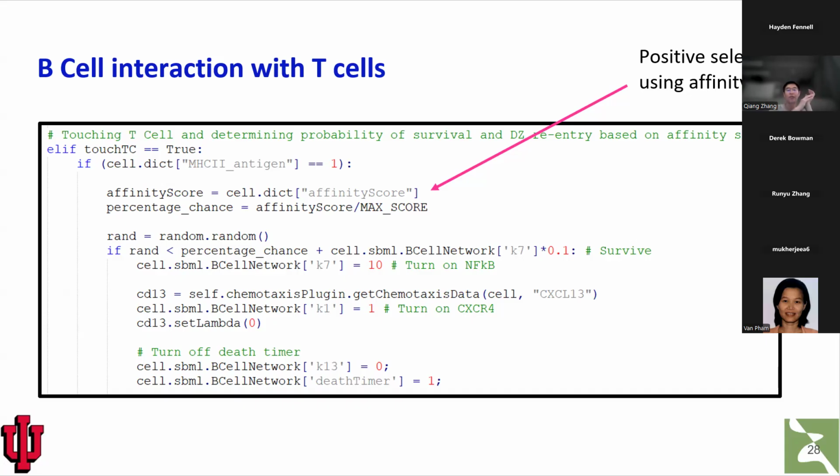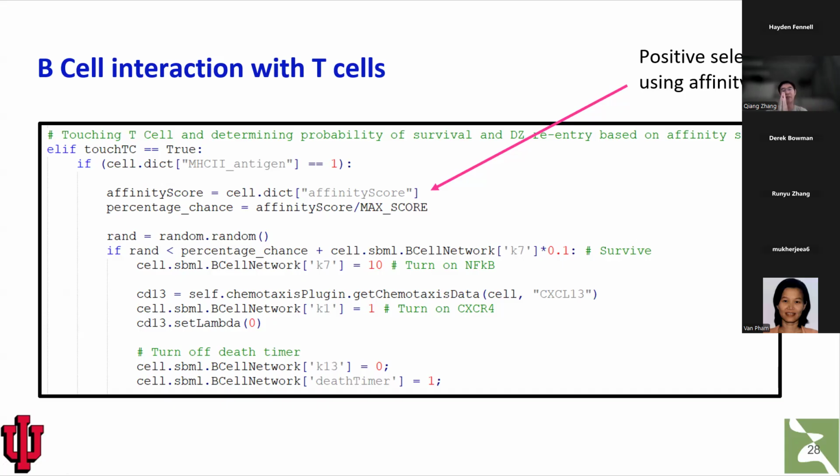So as a result, depending on the affinity score, if by chance, here is the random sampling. We draw a random number and compare that with the percentage chance determined by the affinity score. If the affinity score is high, then the chance of cell survival will be high.